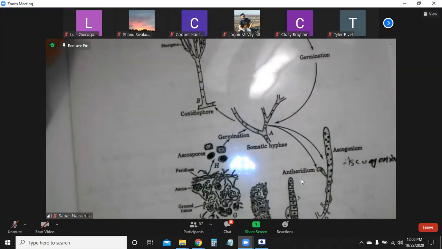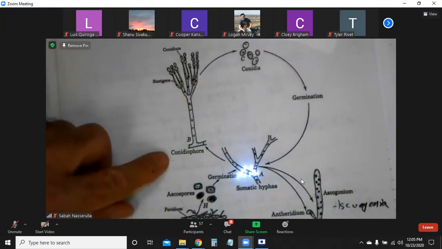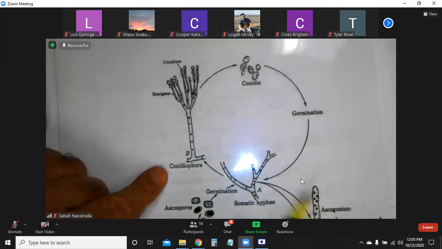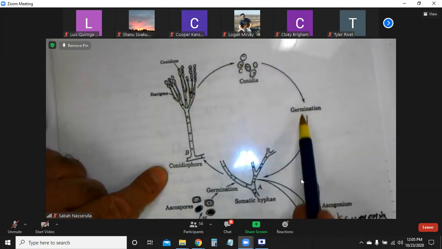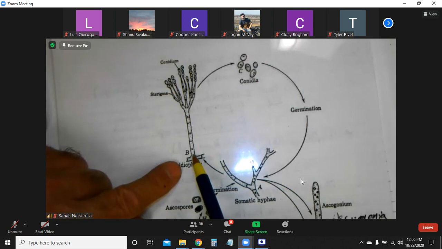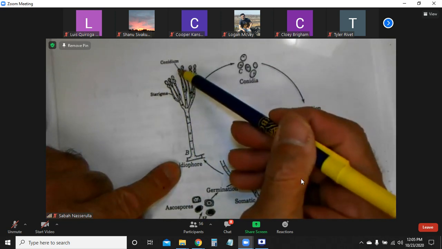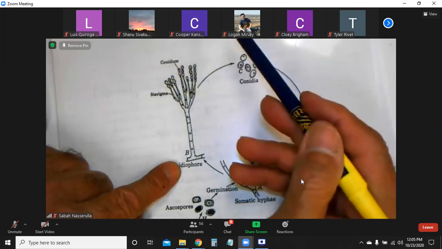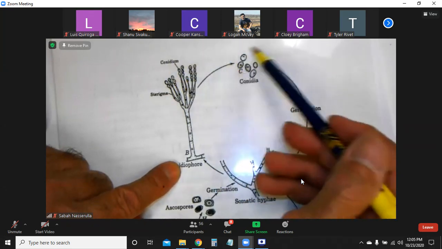You see that? This part here represents the asexual life cycle, in which the hyphae produce the conidiophore, and in the end the conidia, and when mature, the conidia are dispersed, in this case by the wind.